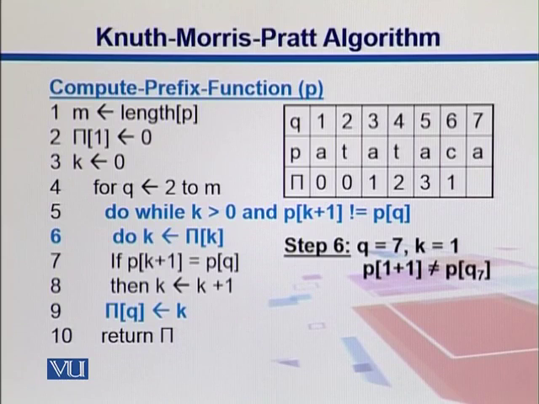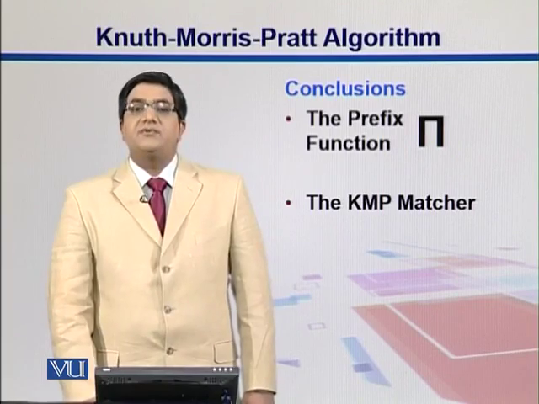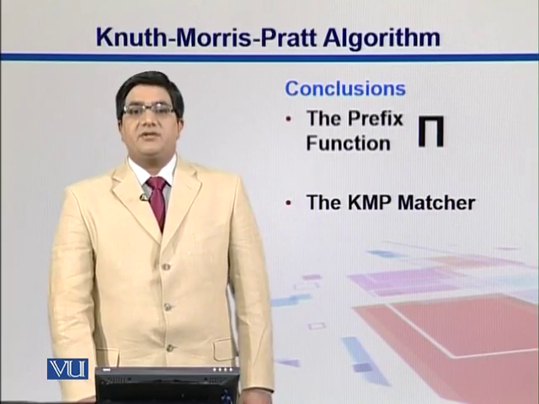No. So we will stay in this condition 5 and 6, and then we will update the K with the pi of K. So at that position, pi of 1 was actually 0, since our K was 0. So at pi of 7, we will store a 0. So in this way, we have computed this prefix function, and we will use this information when we do our matching.